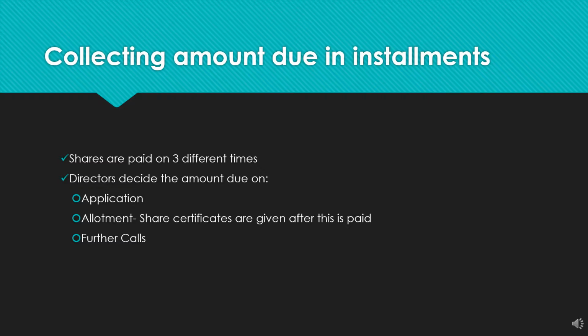Next, the shareholders send in the allotment money. Then the directors decide to make the final call, and the shareholders send in that final part of the payment. And that's all for the first way they could form a company.